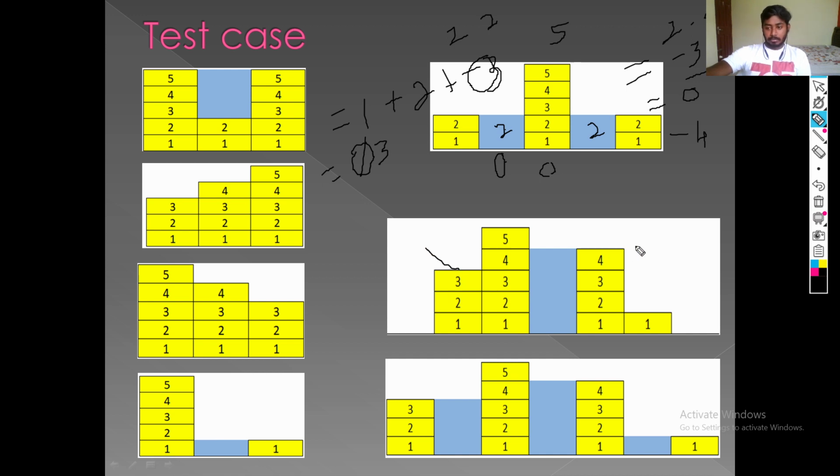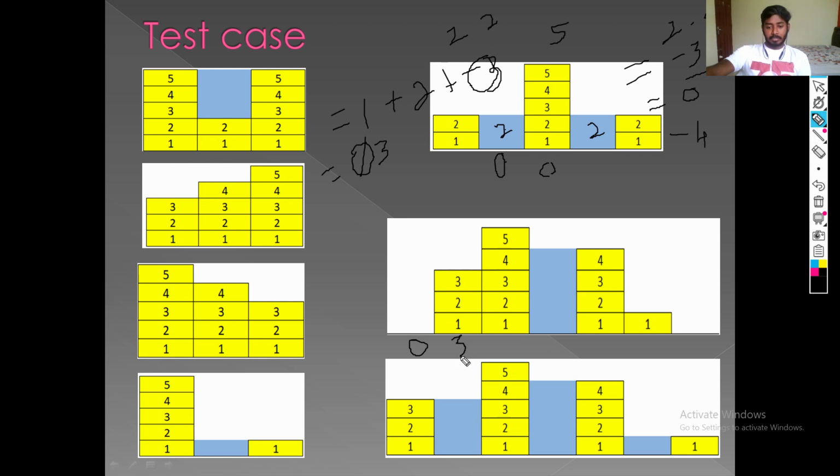Likewise, you can see this. Sorry, this is not the first block. If you see, there is another block which starts over here. This is also a possible test case. There is another block that starts over here with 0. We can't store any water in this particular place. If 0 starts, we can't store. In addition, this is the first block of this particular list.